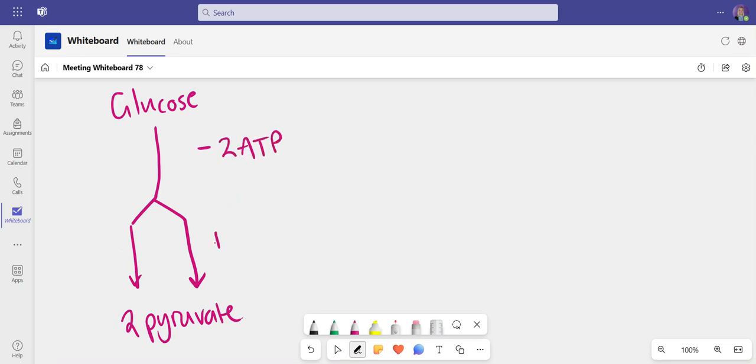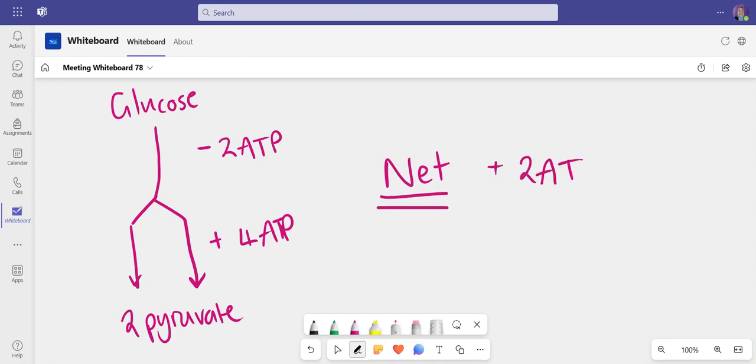And down here, we made 4 ATP. So what we can say is that the net overall is plus 2 ATPs from glycolysis. Okay, so overall, glycolysis has produced 2 ATPs, which is good, but it's not a lot of ATP. Respiration in total makes about 38 ATPs, so it's not that significant, but it is important that we know it.